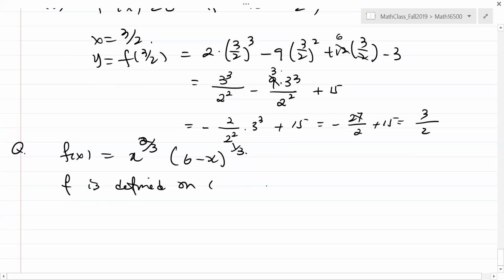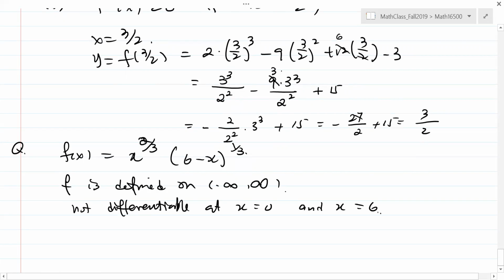It might not be differentiable somewhere. I think it's not differentiable at x equals 0 and x equals 6. How do we sketch the graph?